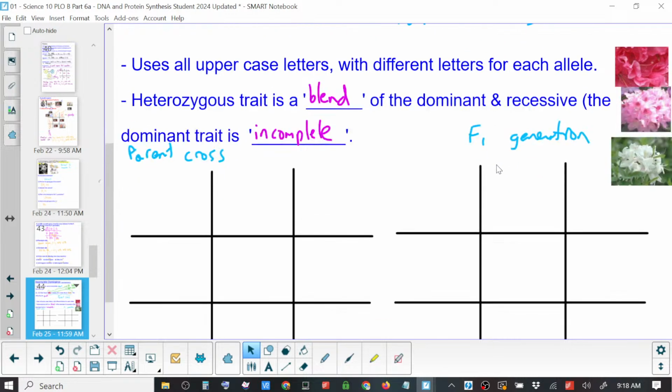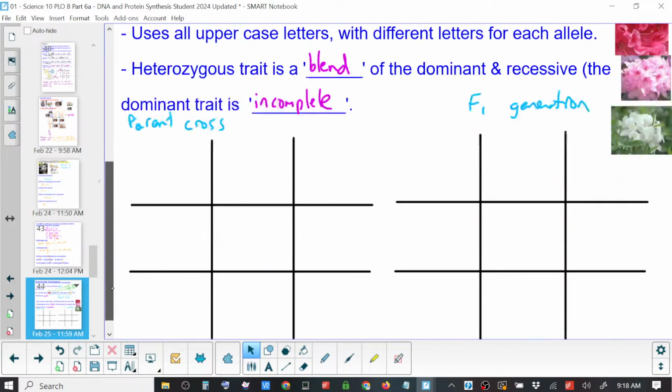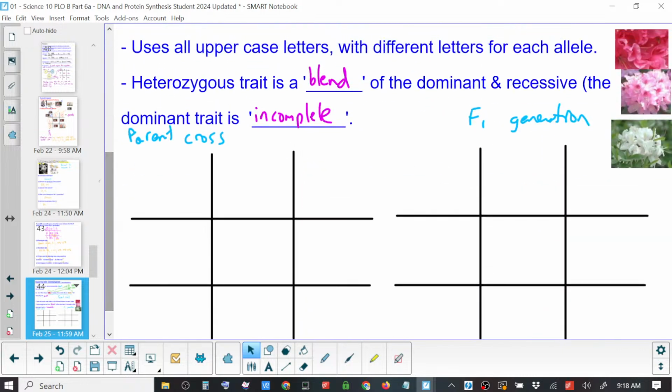Yep, F1 and parent cross. So parent cross, RR and WW, and then take the children, put them in here, and draw little pictures of what the flowers look like in each square. Instead of using the lovely photos I picked, I will draw, and I will show you how easy it is.